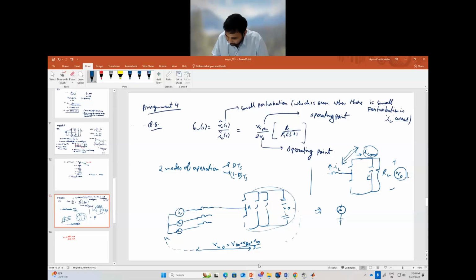This is connected over here, this is connected over here, and this is connected over there. So if you look at the single phase circuit, this source is there. On another side we have inductor L and RS coming into the picture.